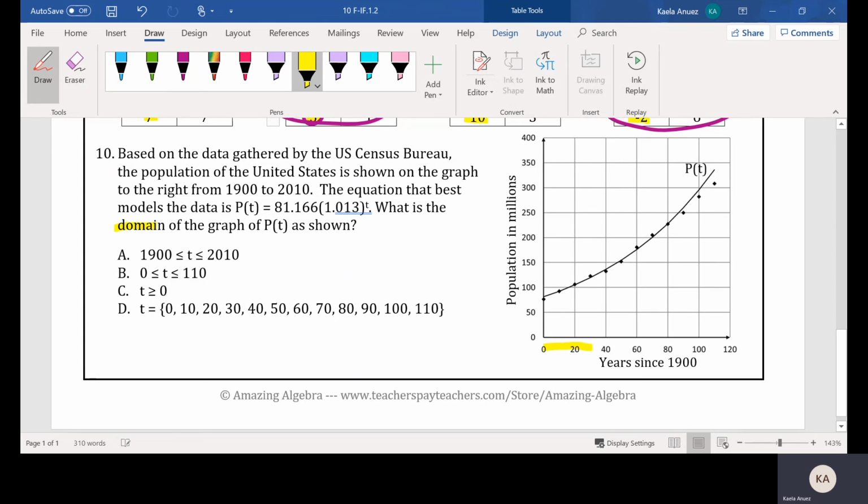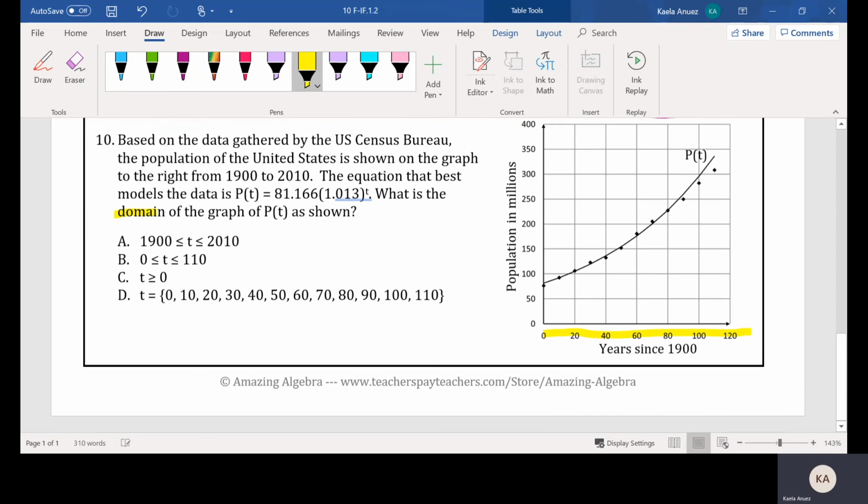So looking at our x values of our graph, we know that we have x values between 0 and it looks like our last x value would be here, which would be about 110. So we can conclude that B is the correct answer.